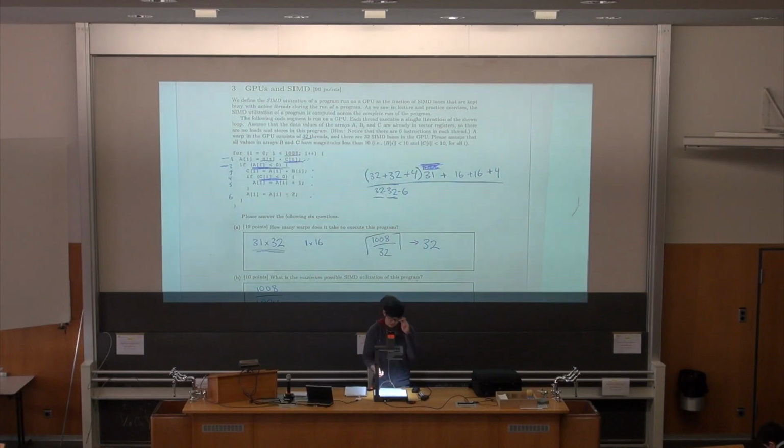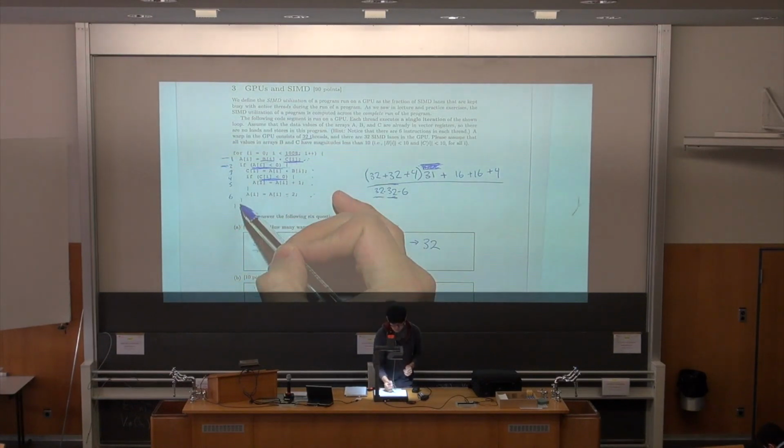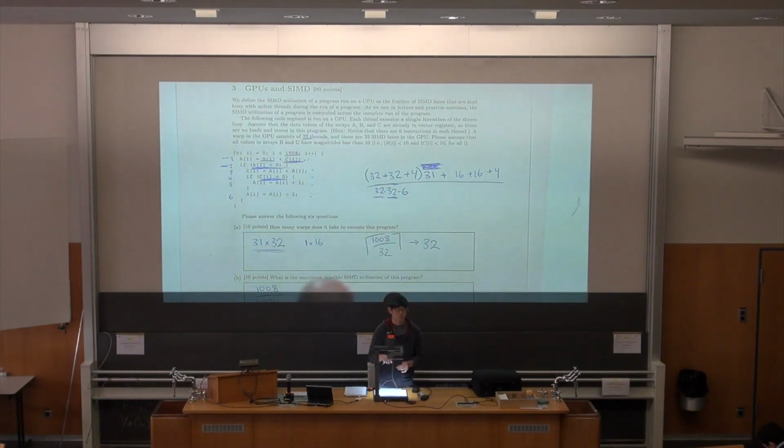And you have 1 thread per warp that's executing. Given that information, you can take all of your threads that are executing per warp on these 4 instructions and merge them into a single warp. Now you can maximize your utilization with that.